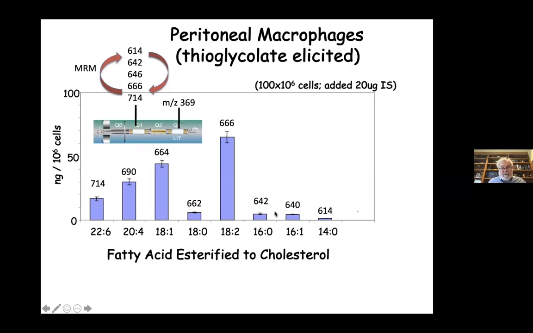You can get the abundance of these. And this is a very nice way since you probably know by pre-analysis what the species are for the cholesterol esters, and you put them in this rather straightforward MRM cycle. So you can get very nice data for these molecular species here.